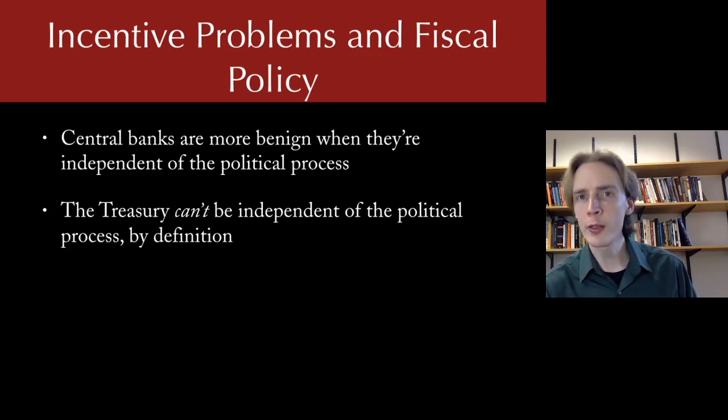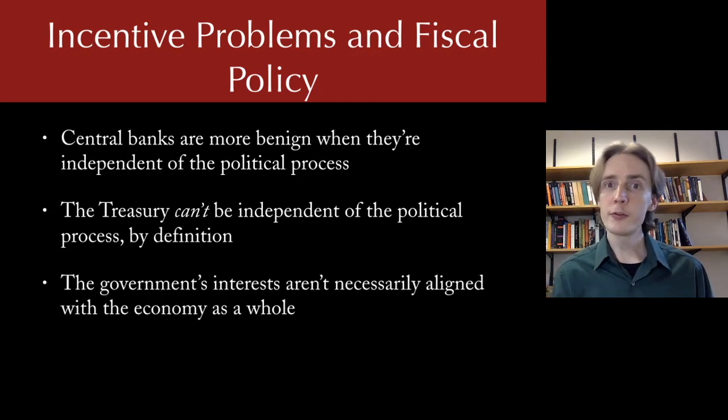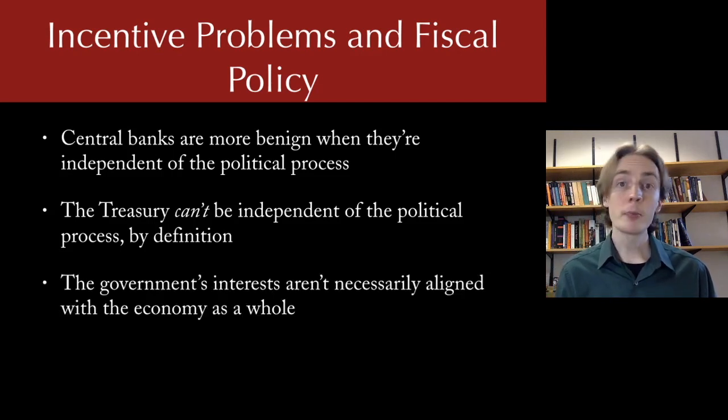So anything you run through the treasury is necessarily going to be politically allocated, and it's going to come with all of those dangers that are associated with that. So the incentive to get reelected implies very different things than the interests of the economy as a whole. That's exactly why you want the Fed to be independent of the political process. And that's exactly why fiscal policy can have such negative efficiency effects.